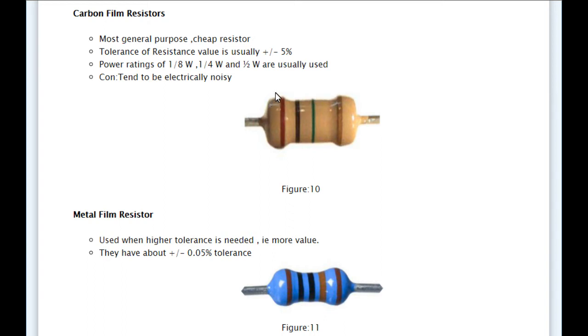So your entire value will be 1 and 6 zeros ohms. If you want to convert it to kilo ohms, it becomes 1000 kilo ohms, and further, if you compress the value for better handling, you take it as 1 mega ohm for this resistor.